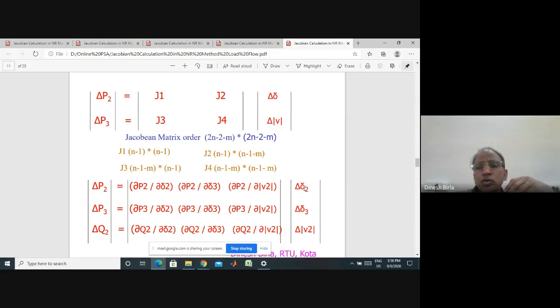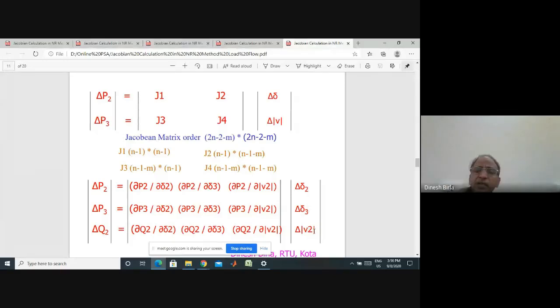So del 2 dash in that case will be del 2 plus delta del 2. This delta del 2 is to be calculated by the active power, known reactive power, and the Jacobian elements. That is why we are calculating the delta del 2, delta del 3, delta V2.